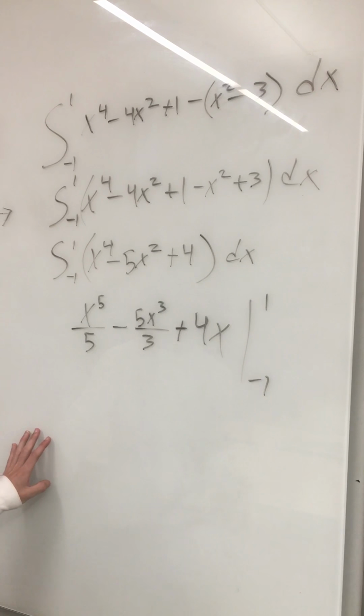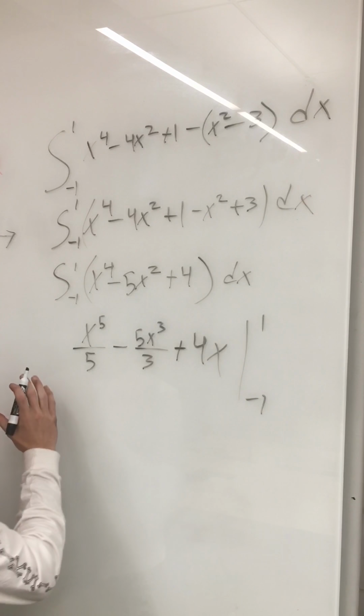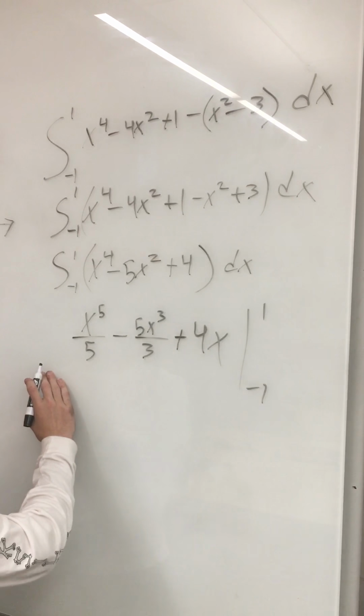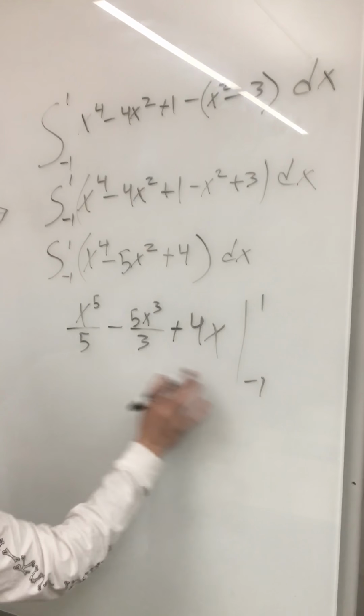So now what we want to do is we're going to plug in 1 to this, and then we'll take that and we'll subtract this from that when you plug in the -1 to here.